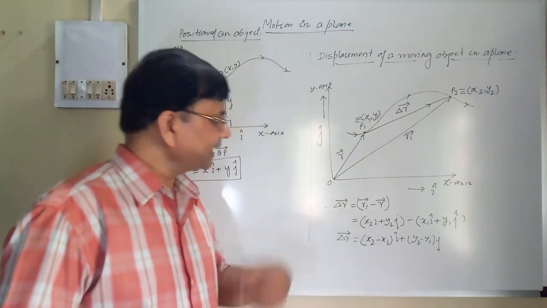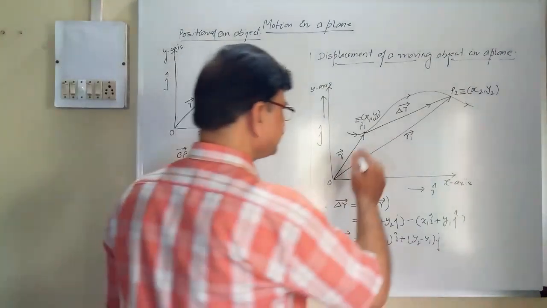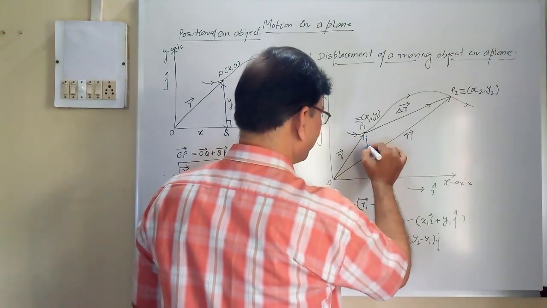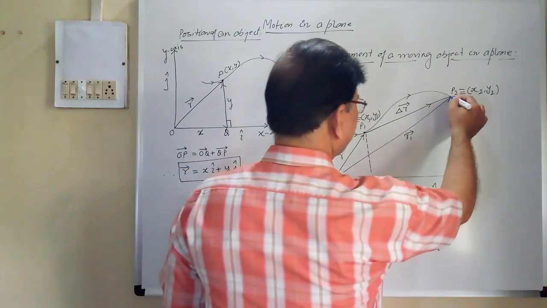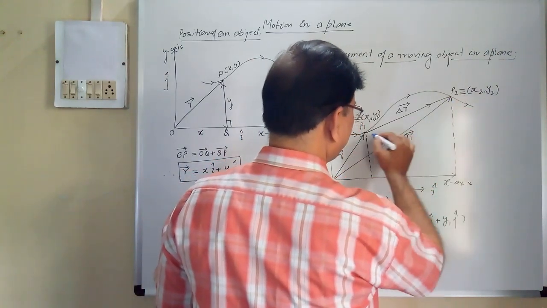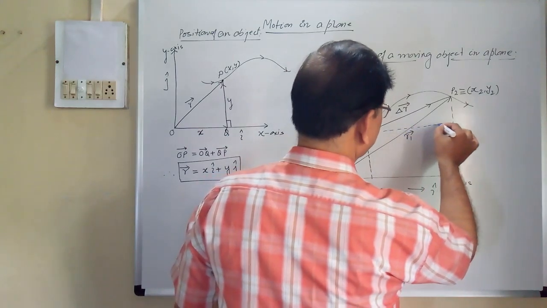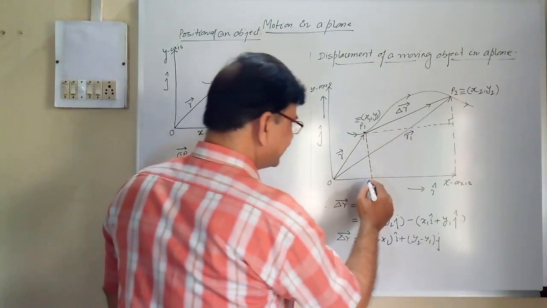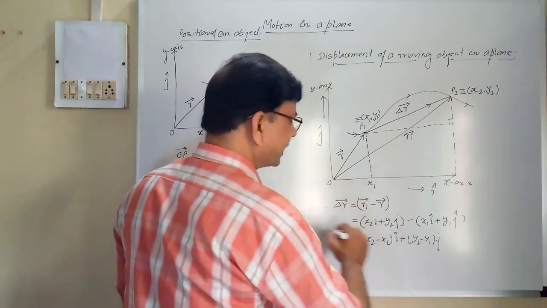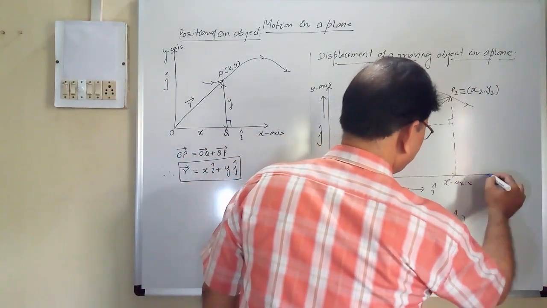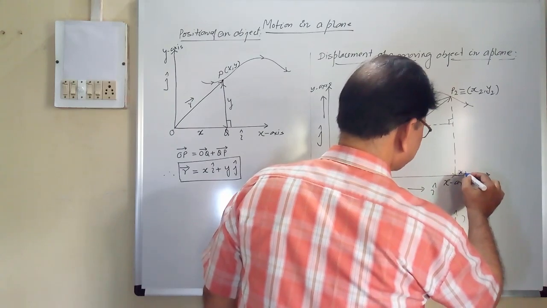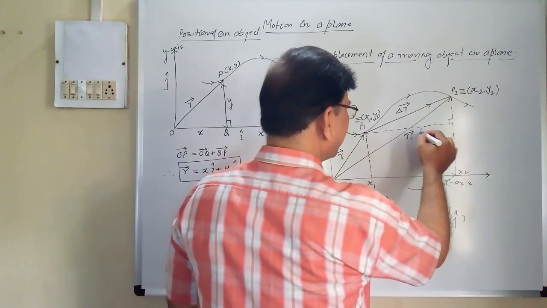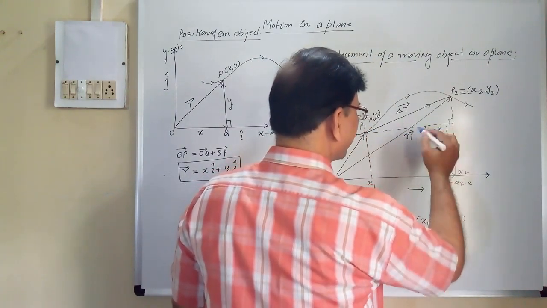And what is x2 minus x1? See, if you draw a perpendicular from here, and a perpendicular from P2 on this, so this point is x1, this is x2, so this is x2 minus x1.